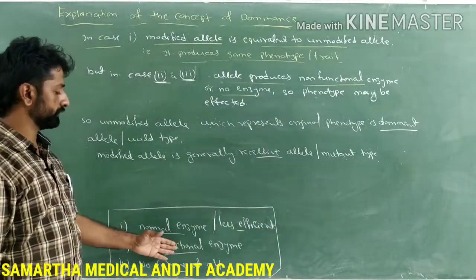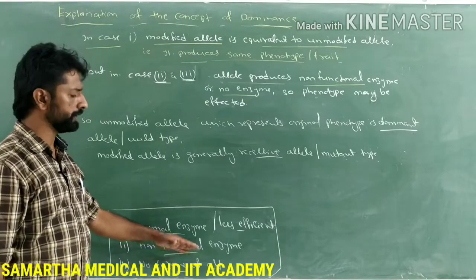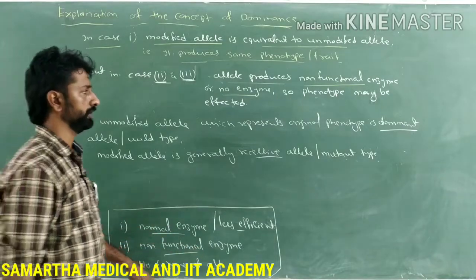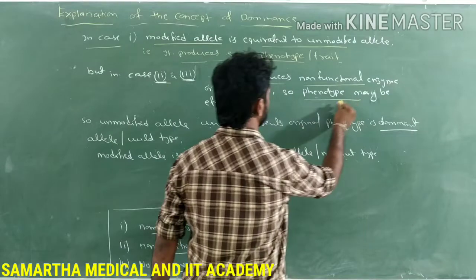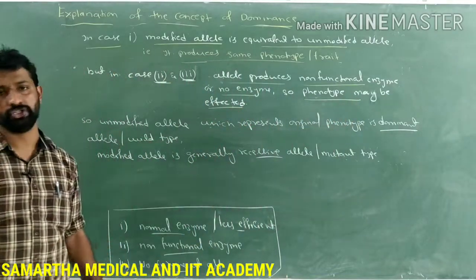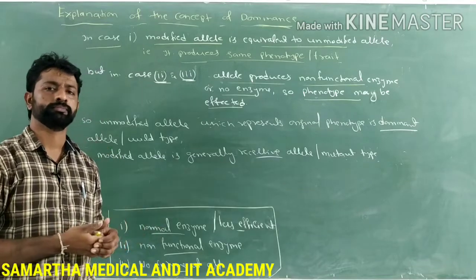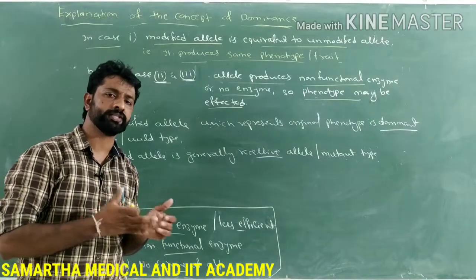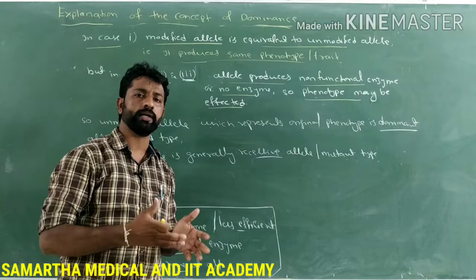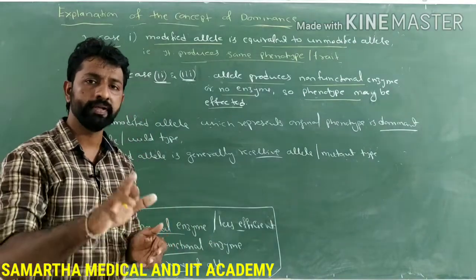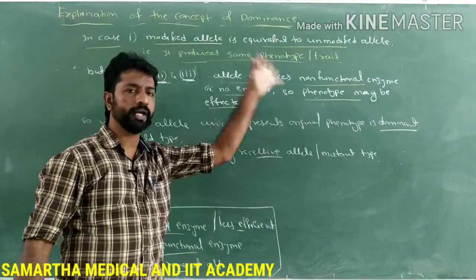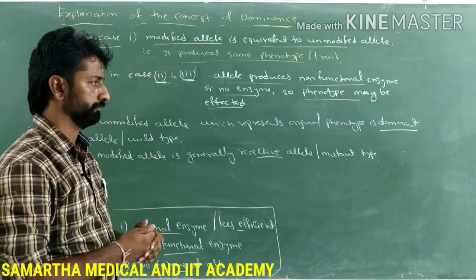So because of the non-functional enzyme production or no enzyme formation, the phenotype may be affected, because the enzyme is not at all produced, or if the enzyme is produced, it is no more a functional enzyme. Because of that, the phenotype may get affected, right?